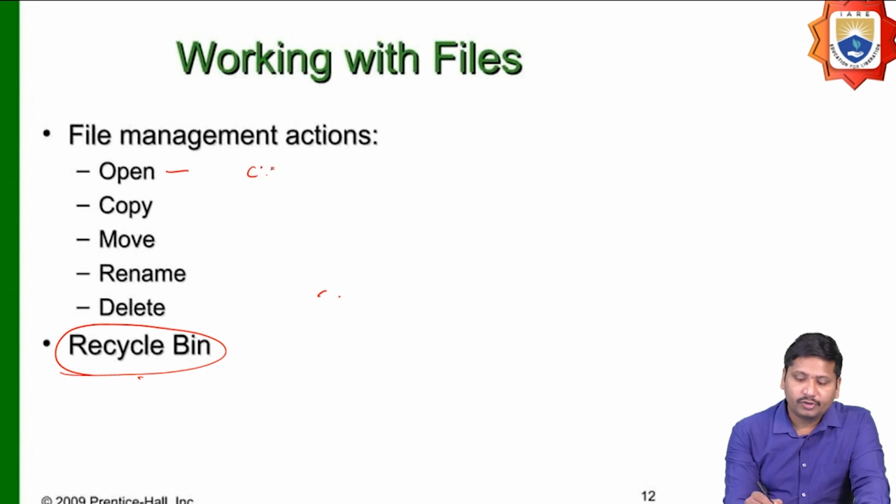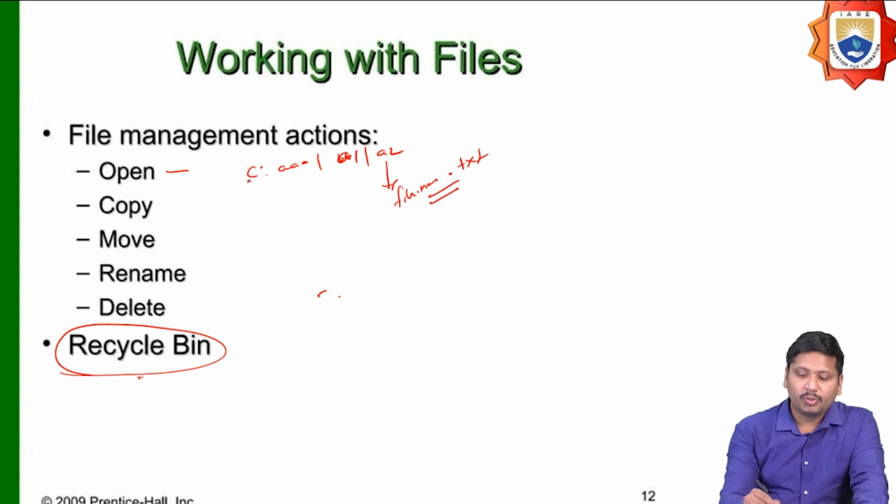The process is the drive, then the primary folder name, followed by another folder name, and through this path I can select this file name.txt. So like this I can open the file.